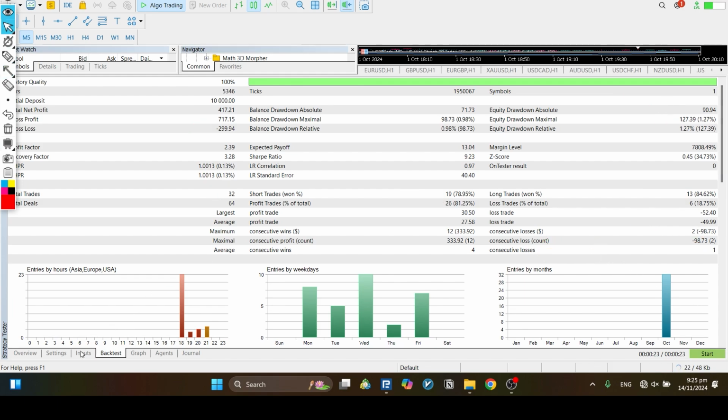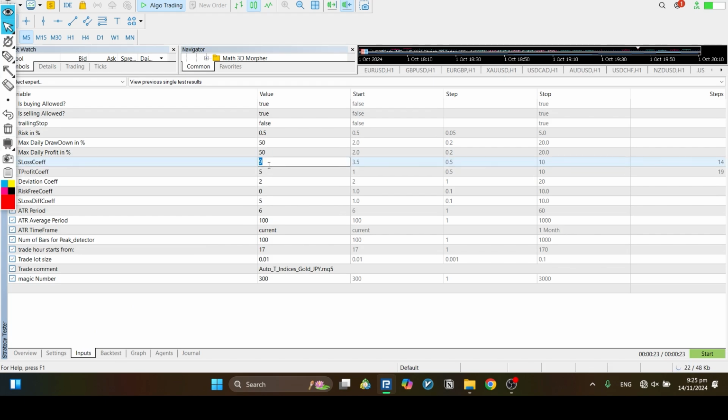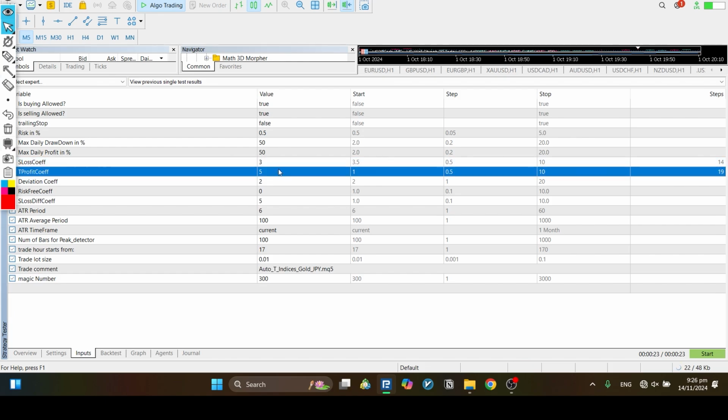Let's run the simulation one more time, changing the stop loss coefficient from 9 to 3. In this simulation, the reward to risk ratio is 1.66, which is greater than our previous ratio of 0.55. I hit start.